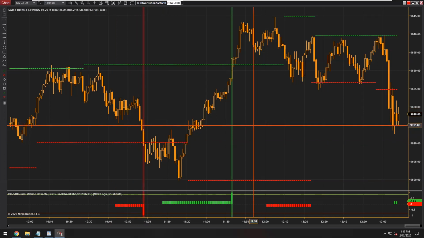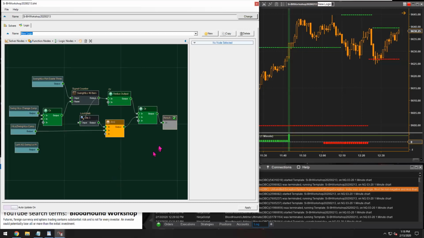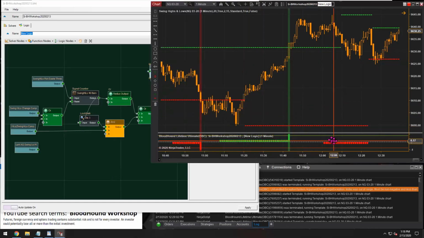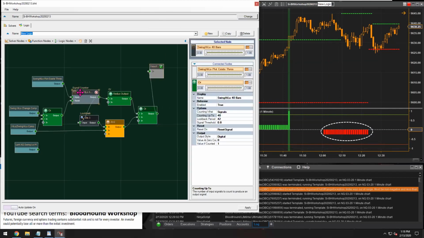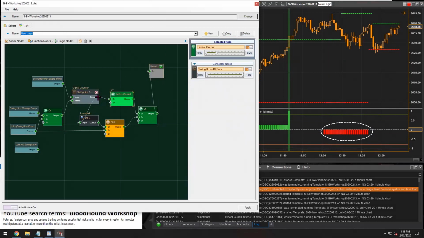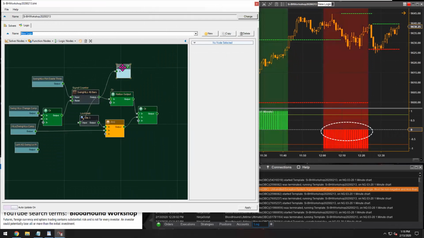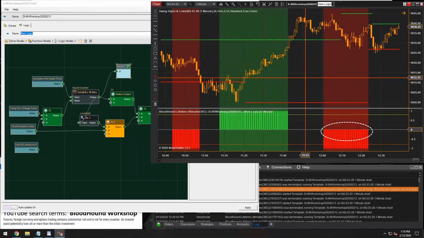And again, if all you want to see is just that the swing plot has been unbroken for 40 bars, then we can just go back to the signal counter and connect it right back into the result node, and there we go.